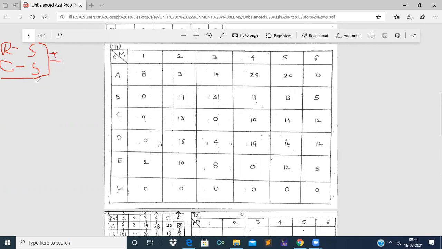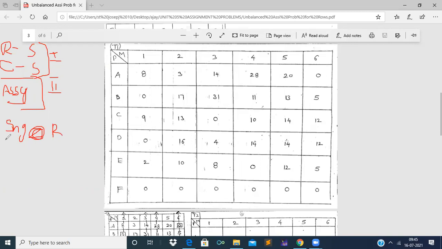And what does the second step of Hungarian method tell us? We have to give assignments. So for this table T1, let us start assigning by searching for single zero rows.